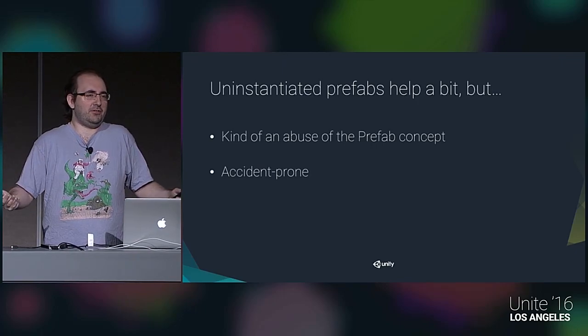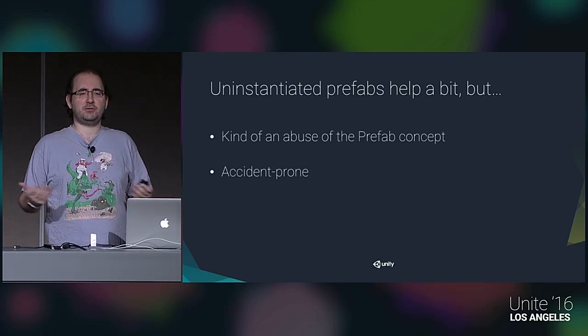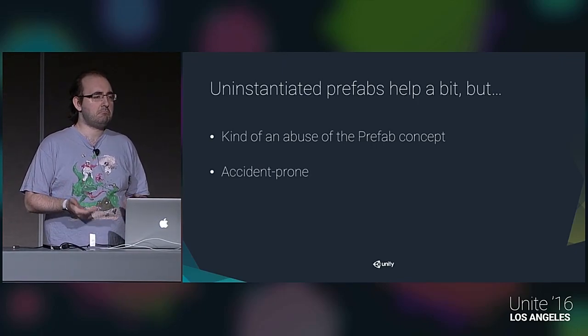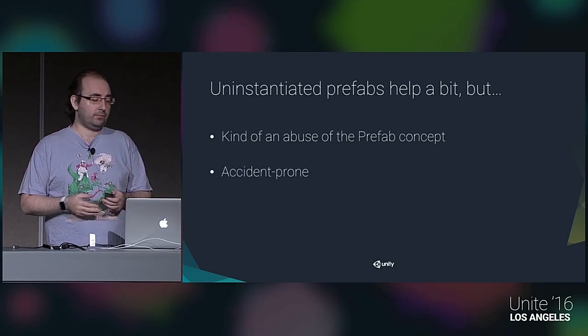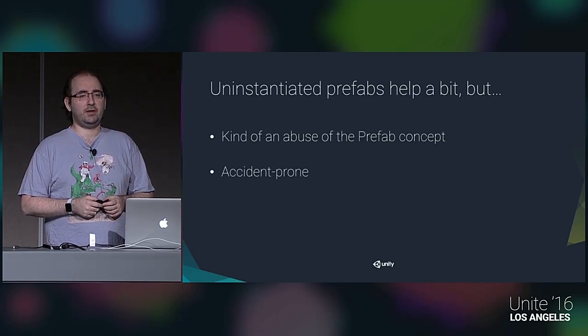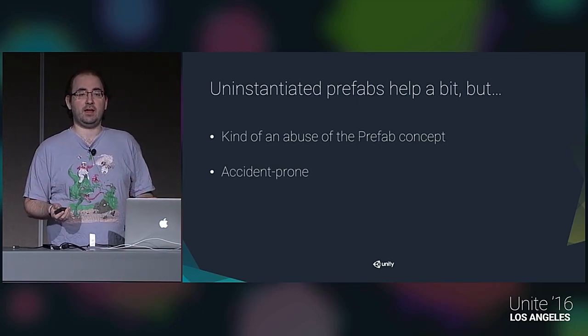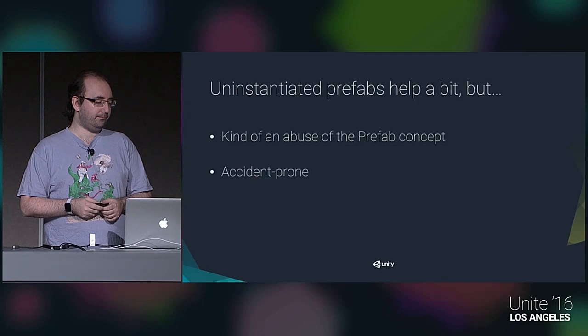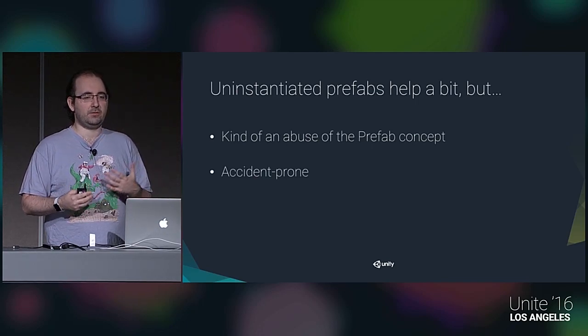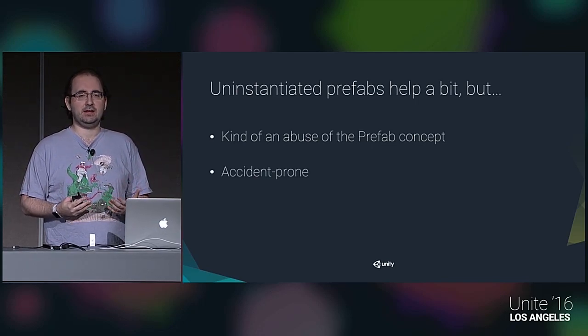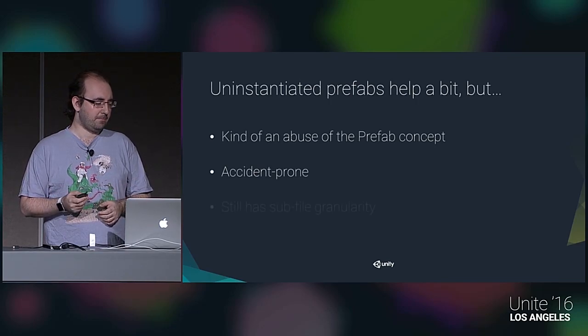Why? Because nobody knows. It just happened at one point and someone checked it in. It wasn't supposed to be like that. But now, especially on platforms where stripping is in effect, you're accidentally bringing in the physics system or something like that when you're building for WebGL. And it allows this sort of accumulation of mistakes that it would be better to just avoid having in the first place.